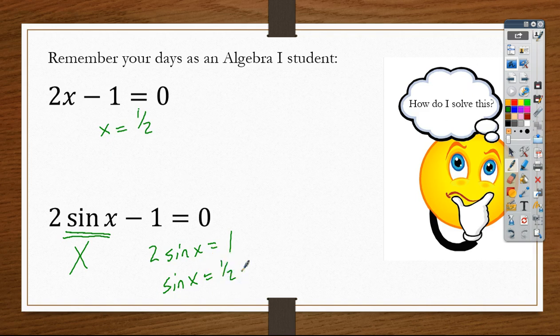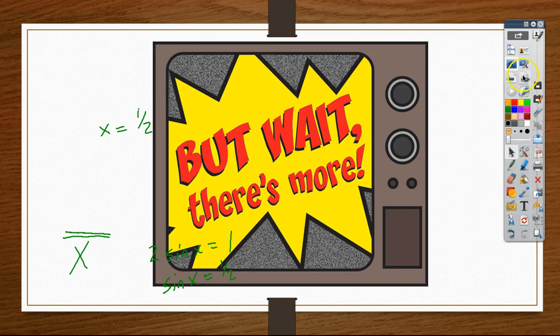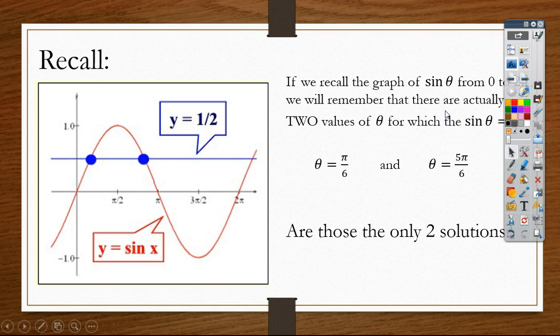And I'm almost done. But we have to remember something. What is it that we have to remember? We have to remember that sine equaling 1/2 happens at 2 different places. You might think you're done, but remember, sine happens at 2 different places.